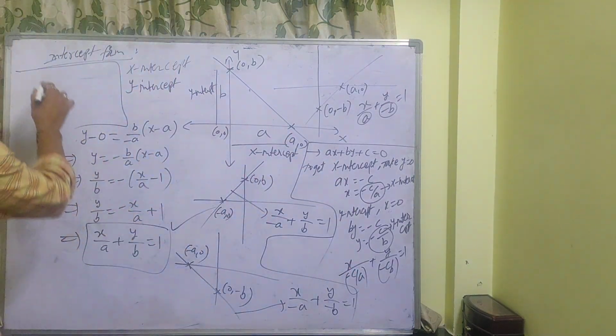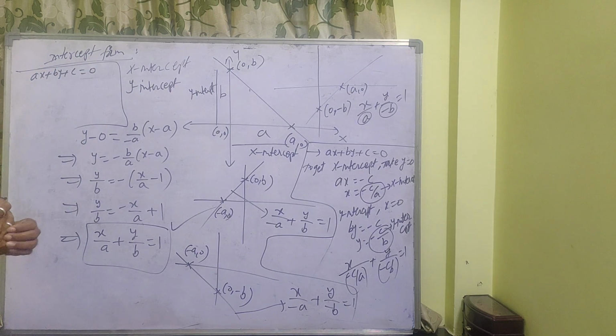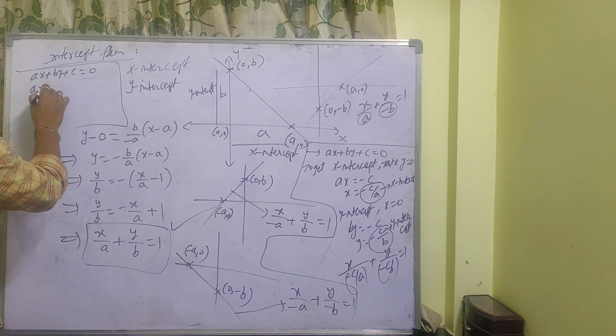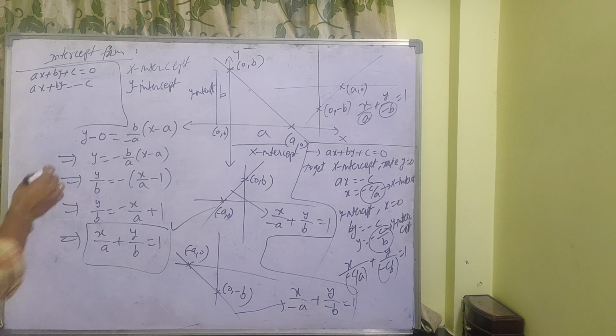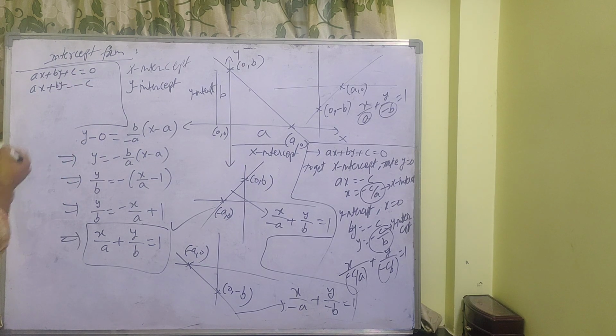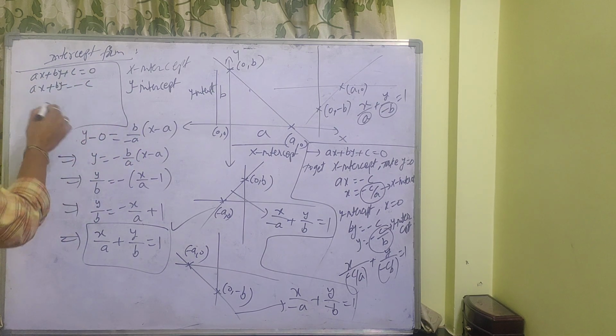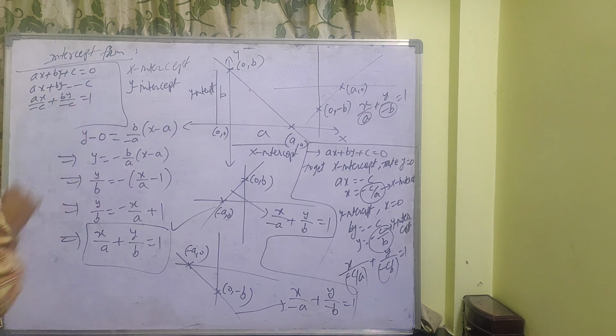Another method is to take ax plus by plus c is equal to 0 directly. First transpose the constant to the right side, so ax plus by is equal to minus c. Next, take minus c in the denominator, that means divide the entire equation by minus c. That is the better way. So ax by minus c plus by by minus c is equal to 1.